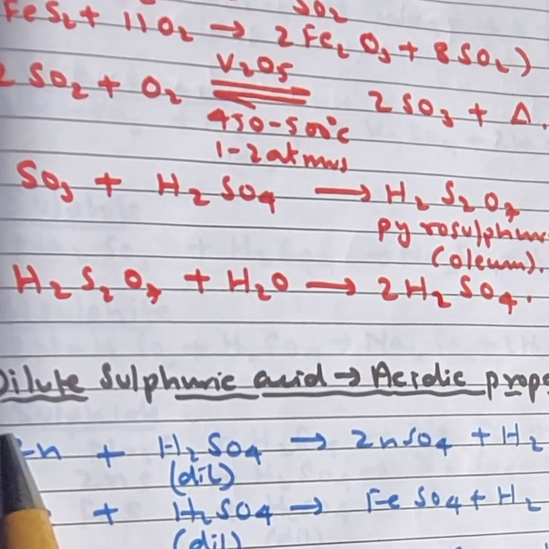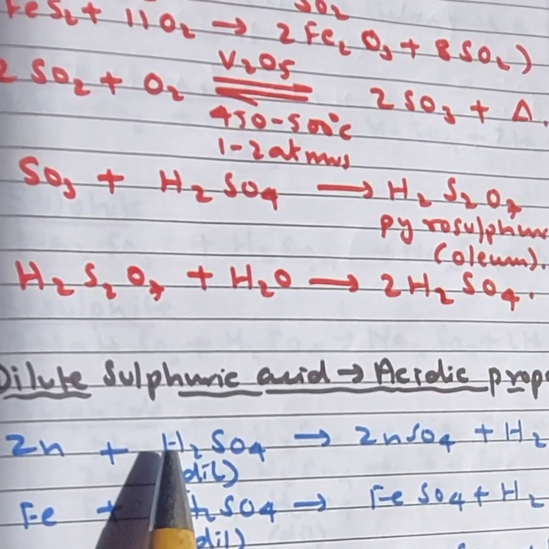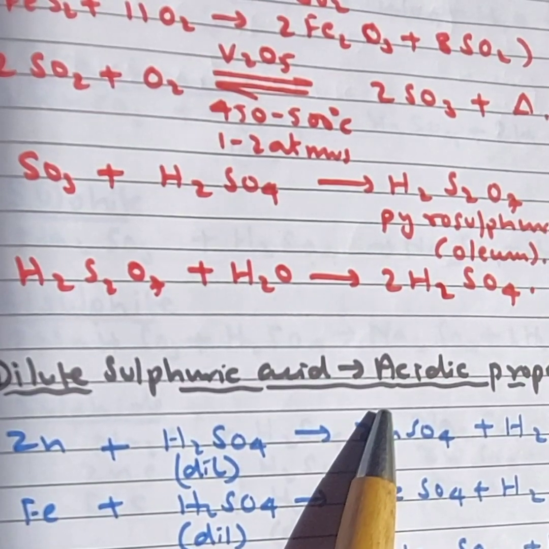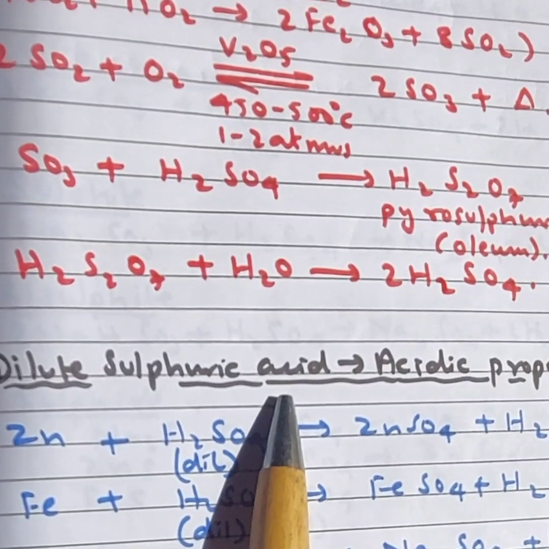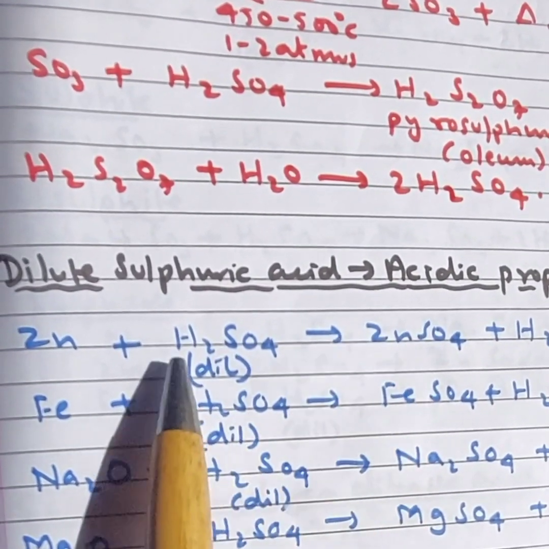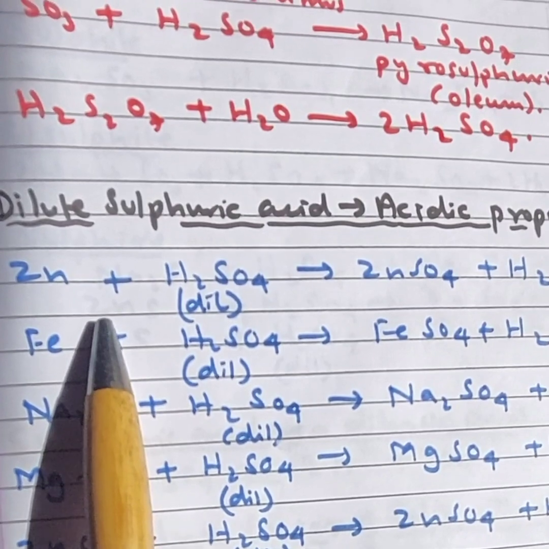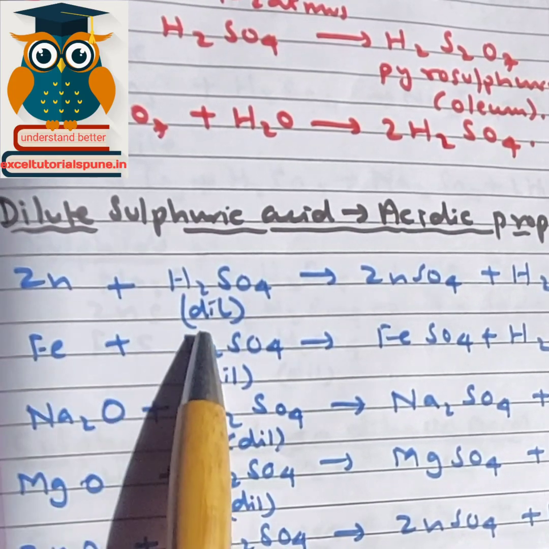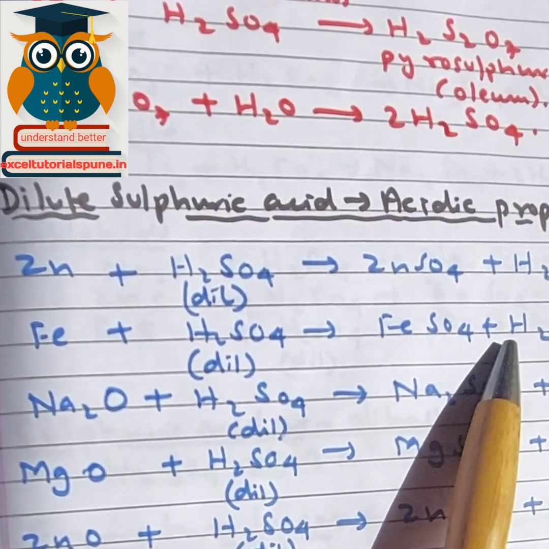Now equations based on the properties of sulfuric acid. Sulfuric acid, acidic property. So dilute sulfuric acid acts as an acid. So the properties of sulfuric acid as an acid: zinc plus sulfuric acid gives you zinc sulfate plus hydrogen.